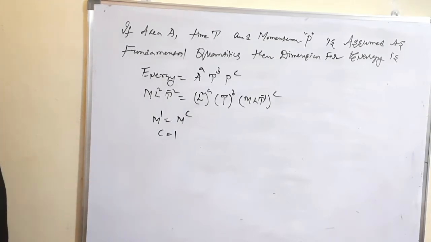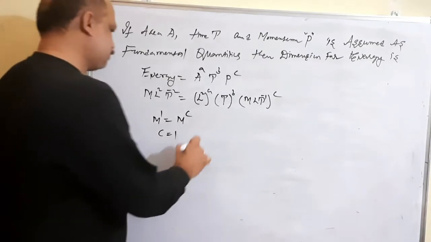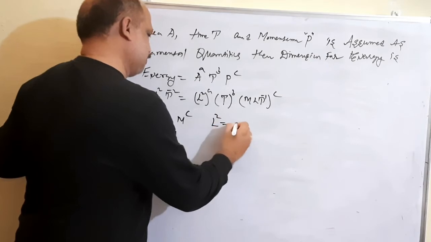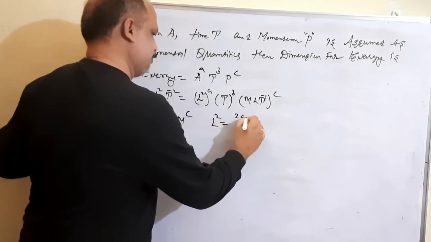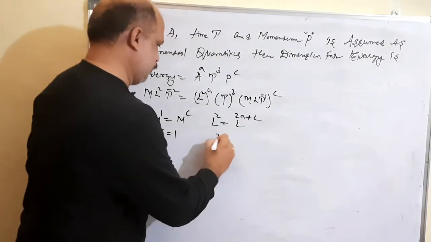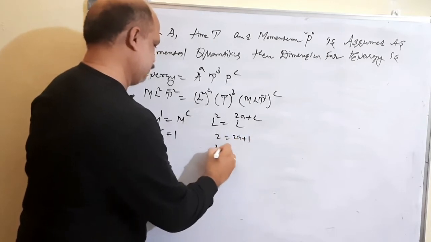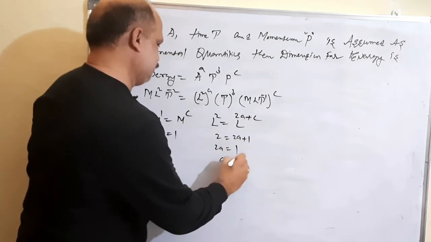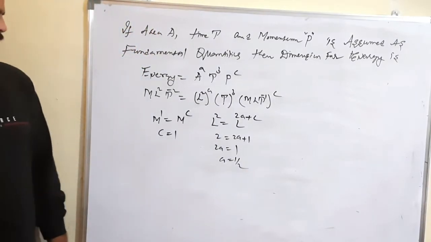Next we compare L powers. L to the power of 2 is equal to L to the power of 2a plus c. The value of c here is 1, so 2 is equal to 2a plus 1, so a is equal to 1 by 2. Next we compare T powers.